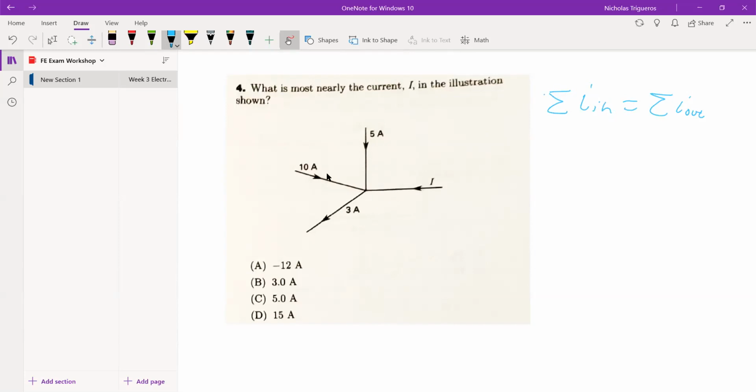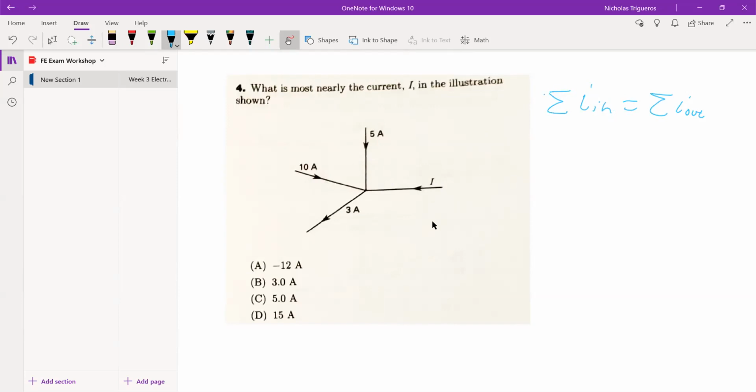So 5, 10, and I. So what must I be? This one you can kind of look at and think, oh, I has to be a negative current, because 5 plus 10 is nowhere near 3.